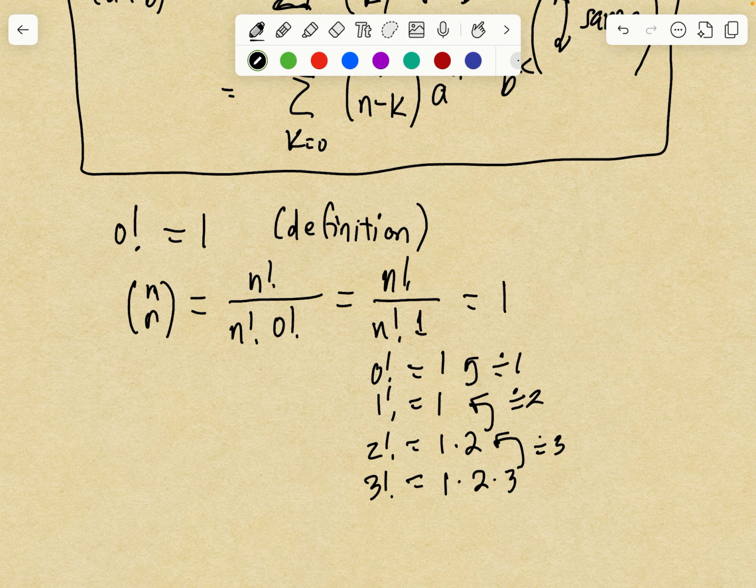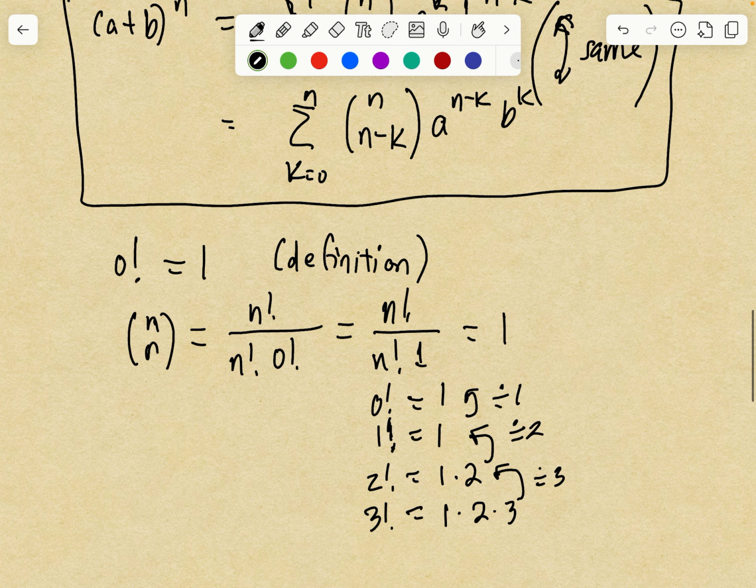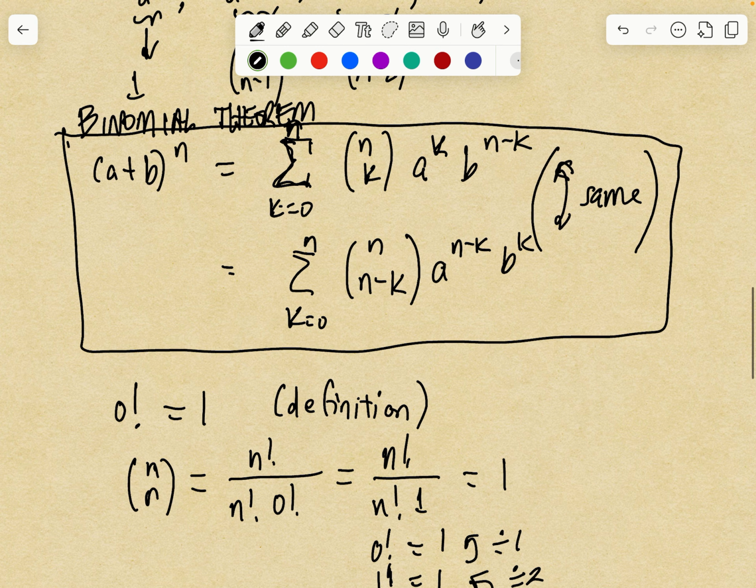That's not necessarily the best reason for defining 0 factorial to be 1, but basically the formulas work out nicely if you define 0 factorial to be 1, so why not do that? And so that's what's going on when k is equal to n, or when k is 0. The formula works. You get n choose 0 or n choose n is equal to 1.